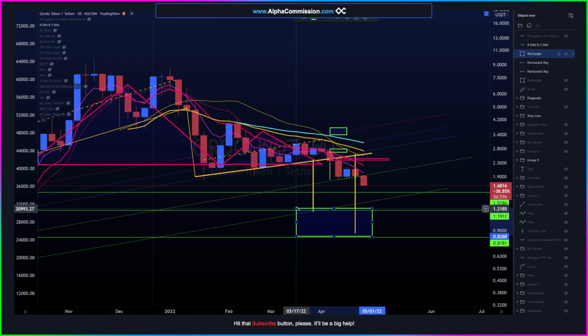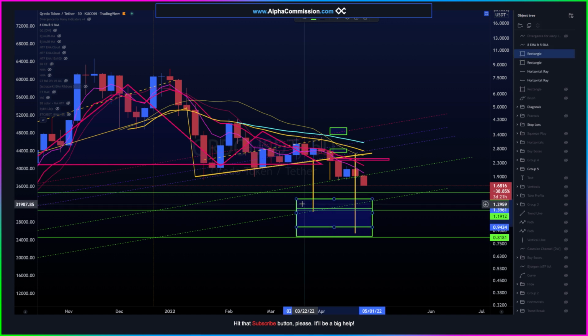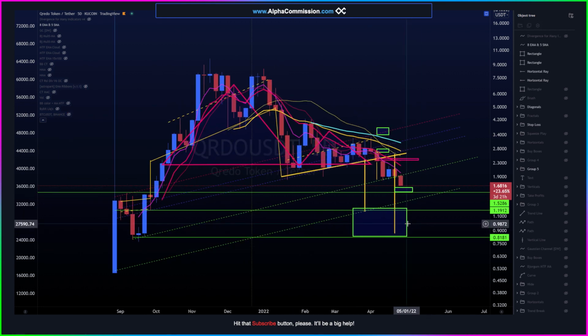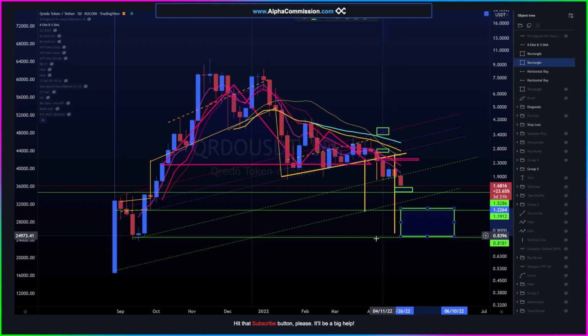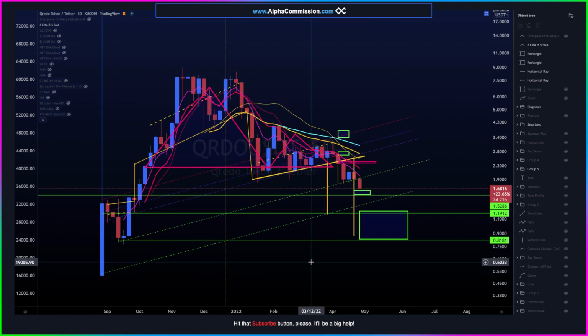So assuming that we don't get down to this area, then we're in a good spot here just in case we do turn around. I'm going to go ahead and keep those on the table.